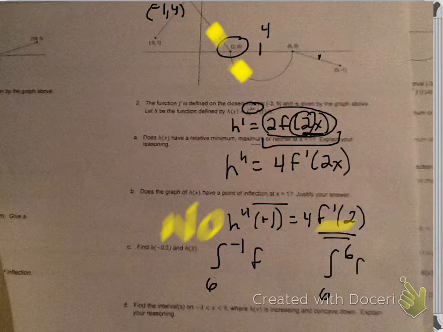Well, 6 to 6, if you do an integral of that, is 0. It's nothing. The integral from 6 to negative 1 would be the same as negative 1 to 6 of f, using the opposite sign.